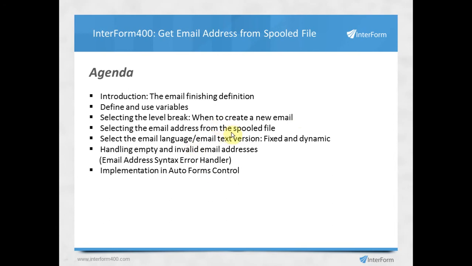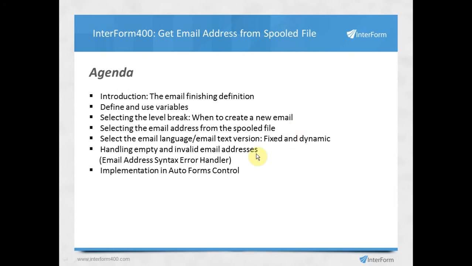Next question, of course, is how are we going to select the email address from the spool file, and we will also cover the possibility to address the customer in their own language, so it can be flexible which language you are writing in your email, and also the attachment name can be dependent on the preferred customer language.